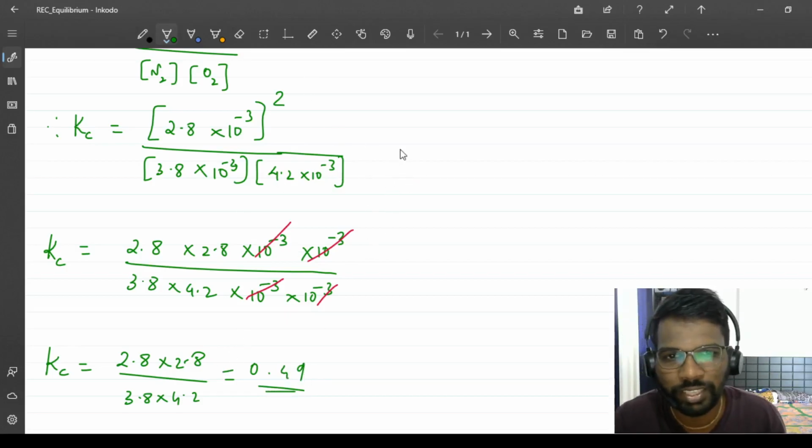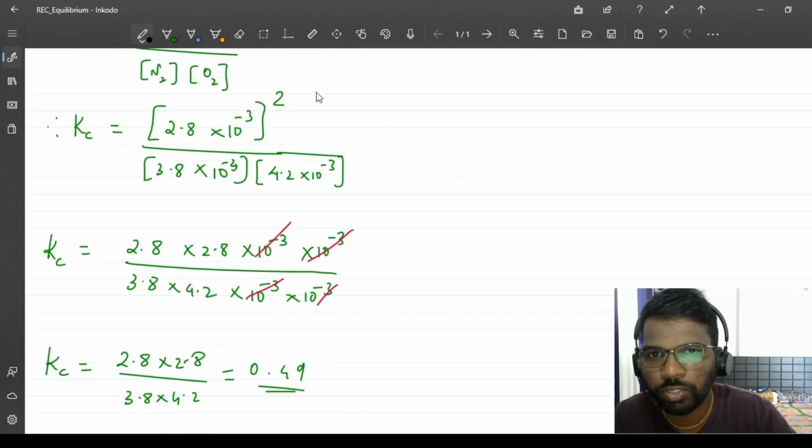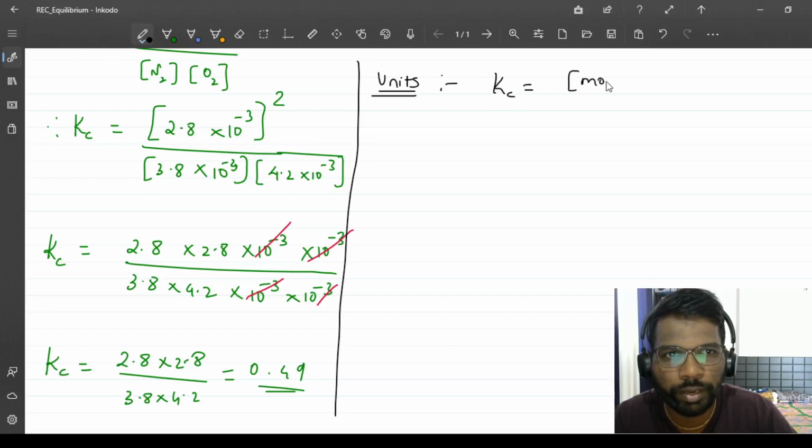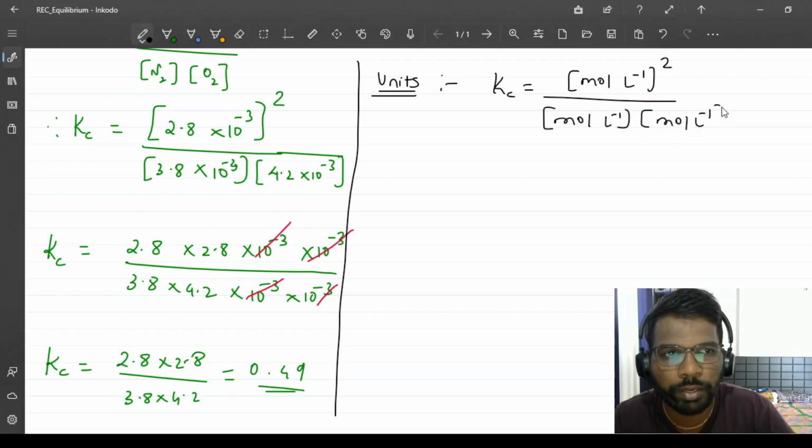If you want to check the units, it's that simple. I'll show you the calculations for the units also. So the units of Kc: here the concentration will be in moles per liter raised to 2. Here it is moles per liter into moles per liter.